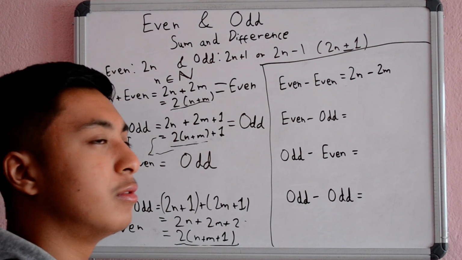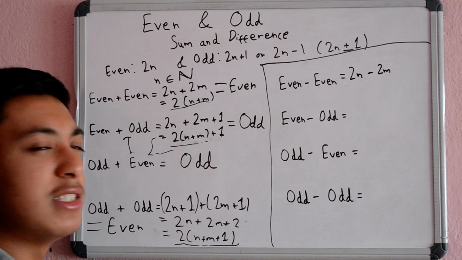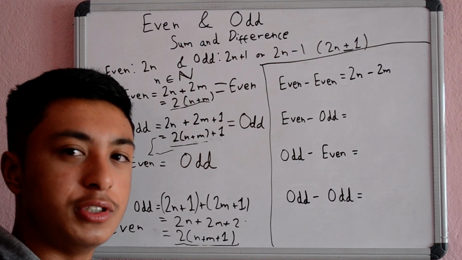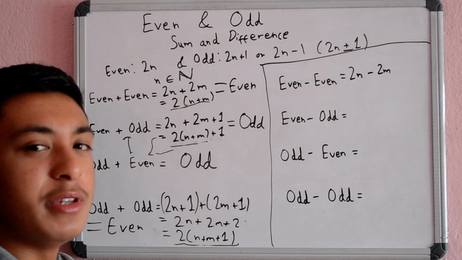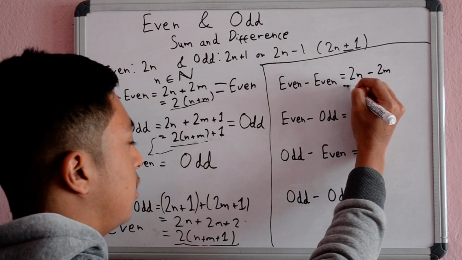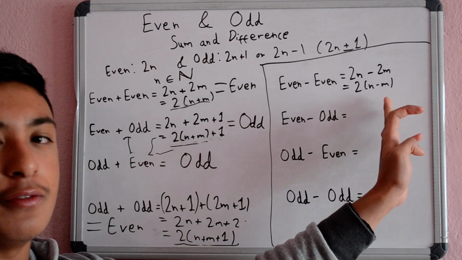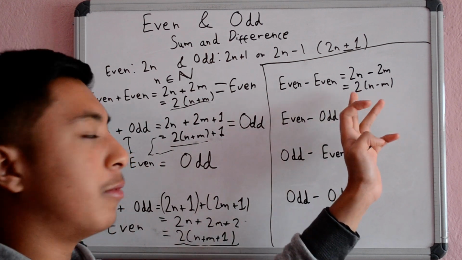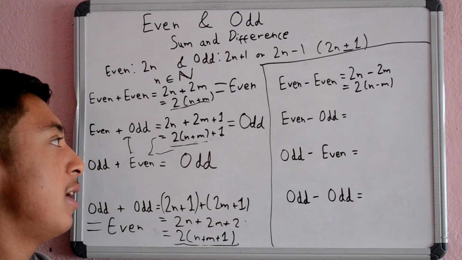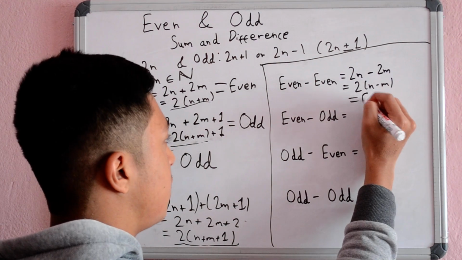I'll have to check that. It's a bit controversial, I think, but it should be neither. So either way we get 2 times n minus m, and of course you can end up with negative numbers, but negative numbers can also be even and odd, and in this case we get even.